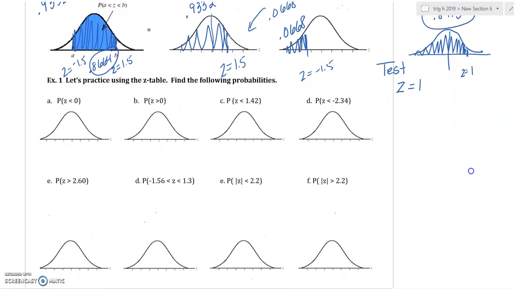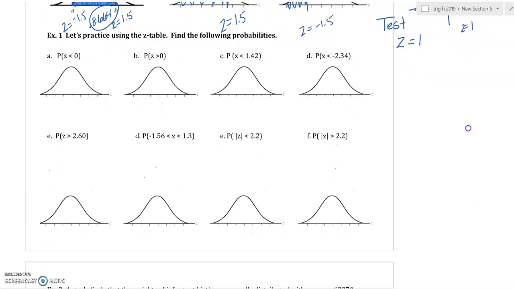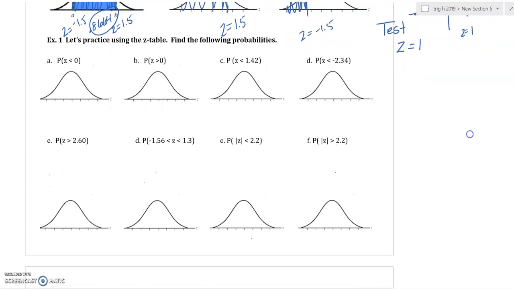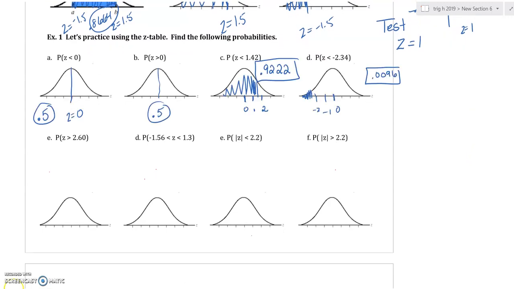Okay, so go ahead and take a look at example 1, and we're going to practice using the z-table. So go ahead and see if you could do A through D. Got it. Okay, so again, if you want the area under the curve, there you go. We ended up with 50%. Over here, 50%.